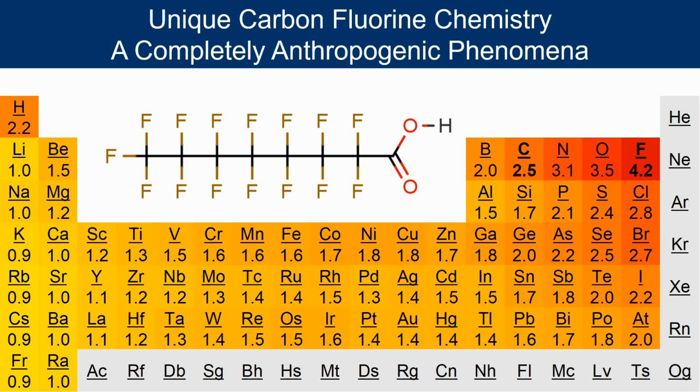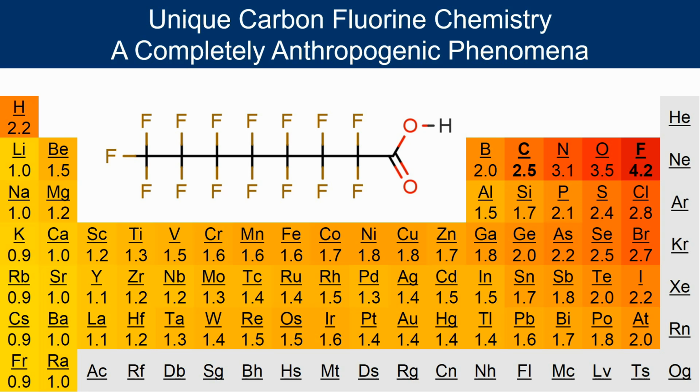So PFAS are chemicals that usually have a long carbon-fluorine chain, and they're fluorinated organic molecules. Now, this is a periodic table that shows each atom and its electronegativity.